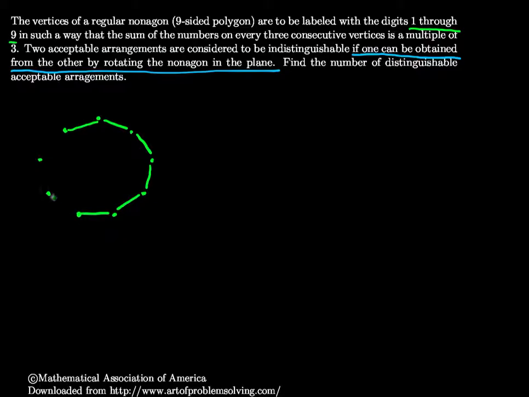Okay. And for simplicity's sake, I will label the vertices, so I don't need to draw any more nonagons, but we can just talk about the vertices: A, B, C, D, E, F, G, H, and I.